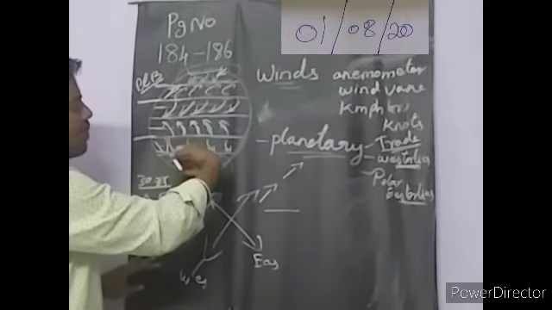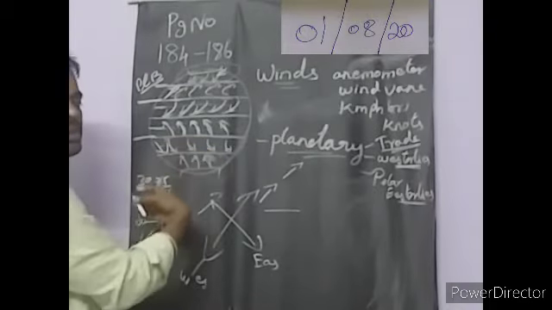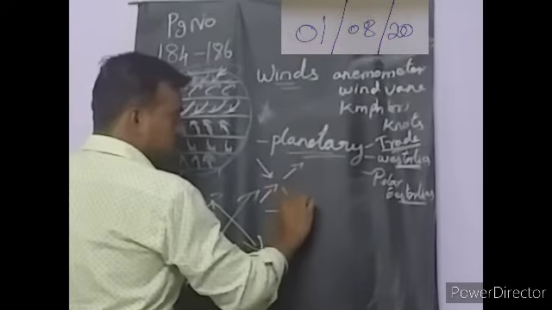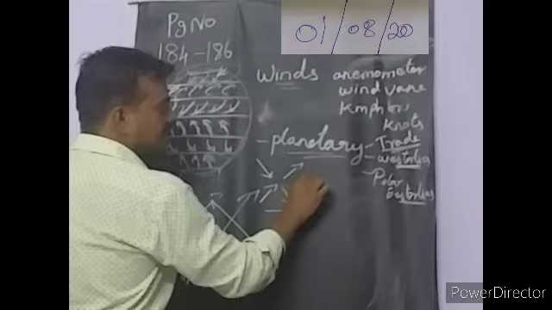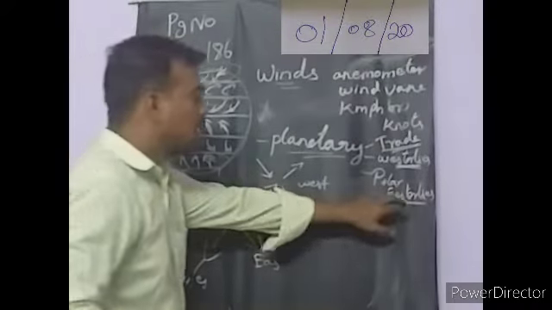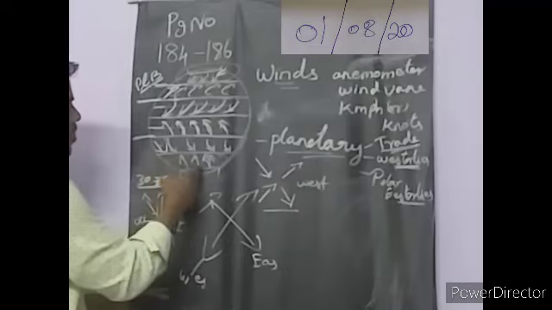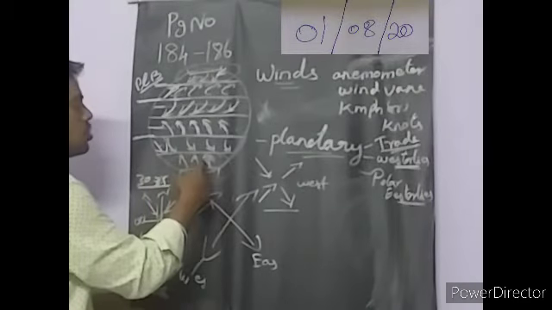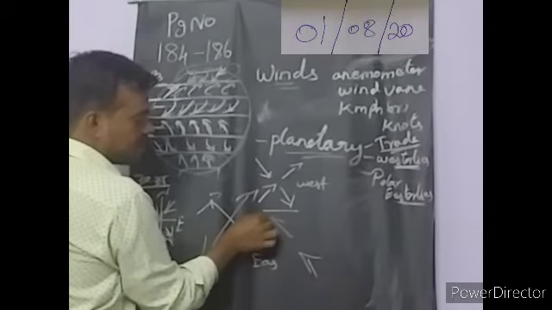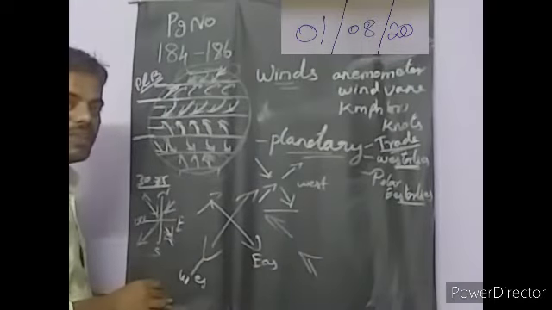But what happens in the southern hemisphere? From northwest to southeast it will be the westerlies. Polar easterlies: from the eastern direction towards northwest.